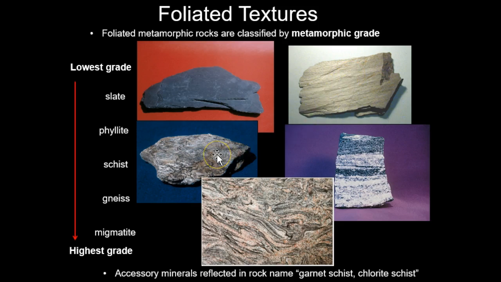In the schist, there's a glossy sheen, and if we were to look at a better sample, we'd be able to see specific mineral crystals. The gneiss is going to have that banded appearance of light and dark colored minerals, and then the migmatite looks kind of like gneiss, but it's almost as if those bands have been heated to an extreme degree and have been able to mold plastically, ductilely.